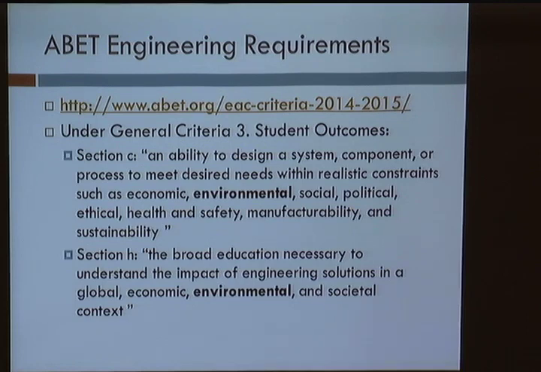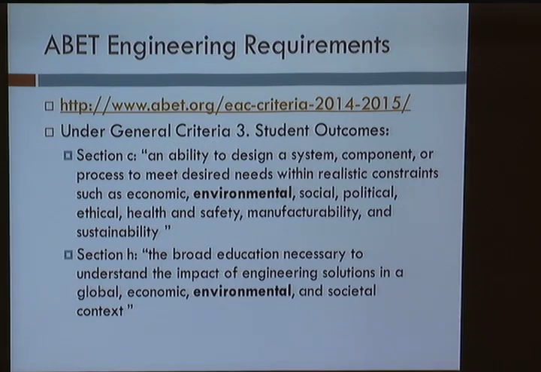And if you look at the general student outcomes for all engineering programs, it has a criterion that students are able to design a system to meet desired needs within realistic constraints. And then they list like 10 of them, one of which is environmental, but also economic, social, ethical, lots of really reasonable, realistic constraints.